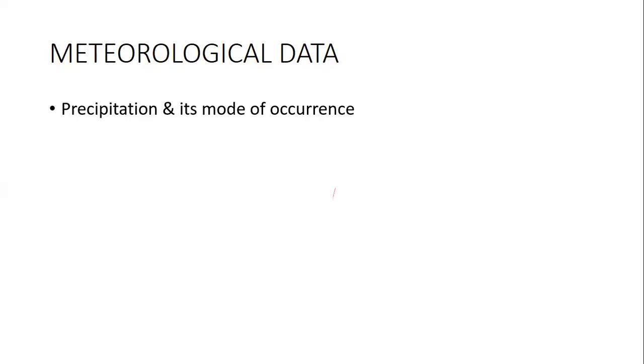These are the basic concepts that you need to remember always while studying different aspects of hydrology. We have already seen this equation in great detail in our last class: precipitation received on Earth is equal to evaporation plus runoff. So the first data that is to be collected is the mode of occurrence of precipitation.